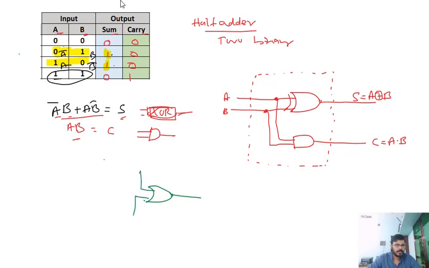So I have an AND gate here, and another AND gate here. For the first AND gate, the input lines are A complement and B, and for the second, A and B complement.